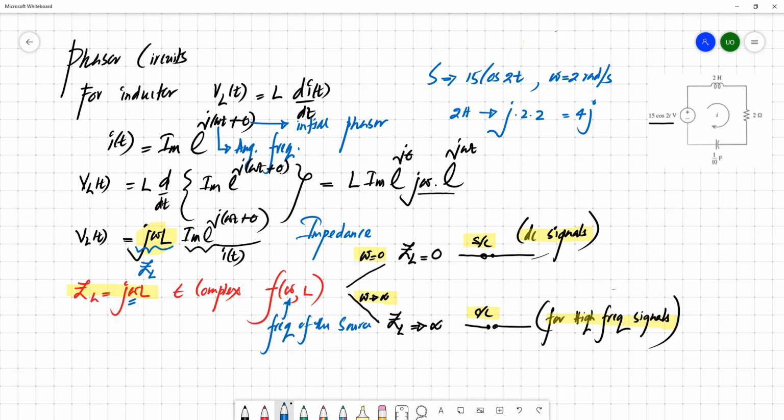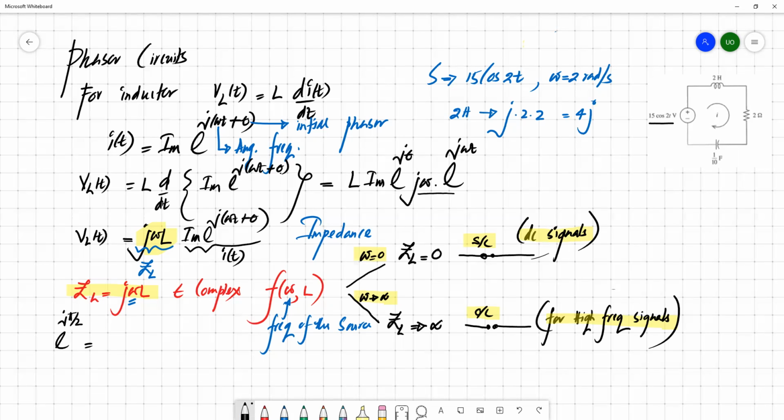From this, we have a j component here. If you have a j component, we can replace this j with e to the power j5 by 2. Let's assume we have this complex exponential term, e to the power j5 by 2.